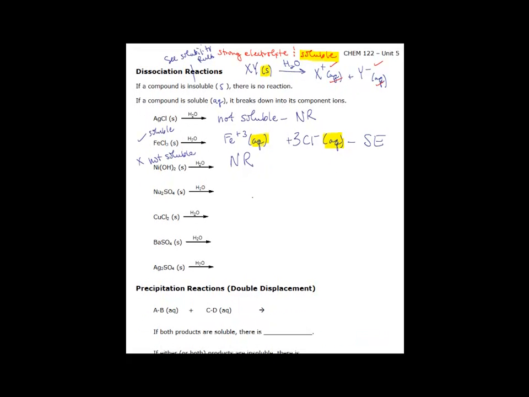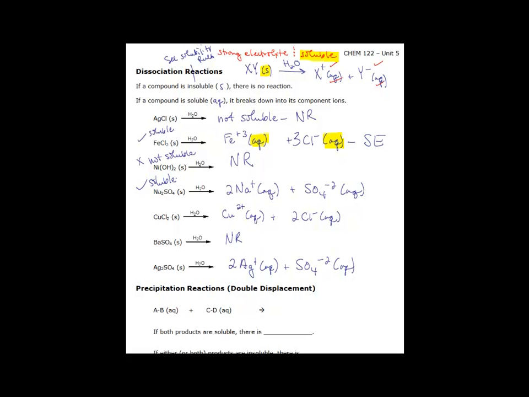Alright, so I want you to go through the next 4 reactions and apply your solubility rules. If they are soluble, then they're going to dissociate. Okay, so sodium sulfate, since it contains group 1, is soluble. So it will ionize. Make sure it's balanced. Copper 2 chloride is soluble as well.